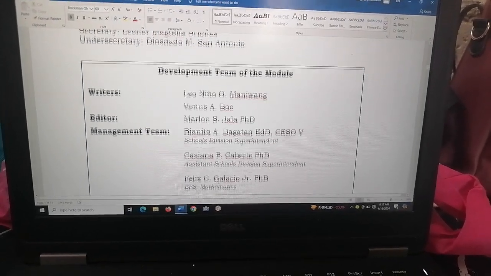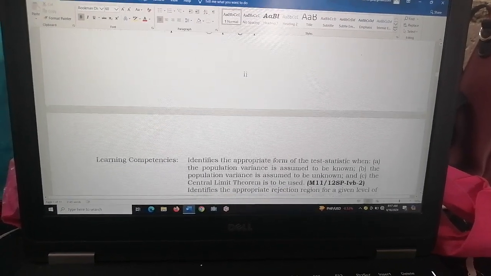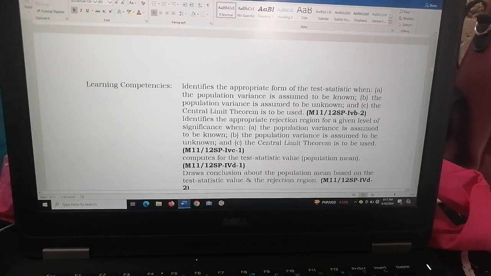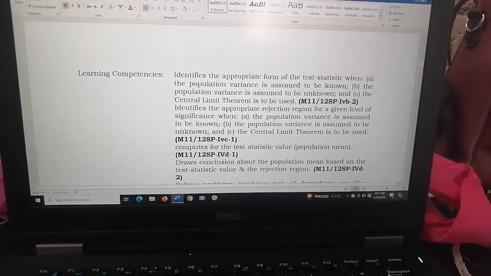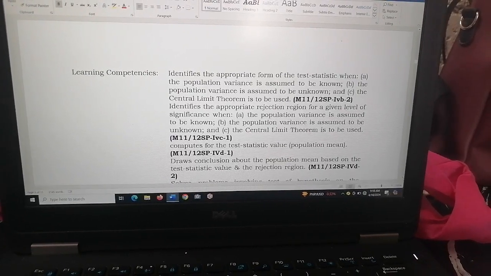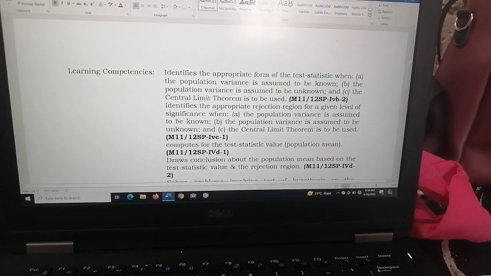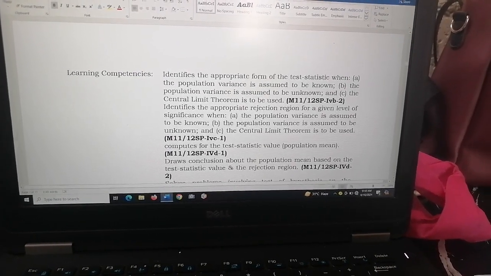Let me give you the learning competencies for this topic. We have: identifies the appropriate form of the test statistic when A, the population variance is assumed to be known; B, the population variance is assumed to be unknown; and C, the central limit theorem is to be used.